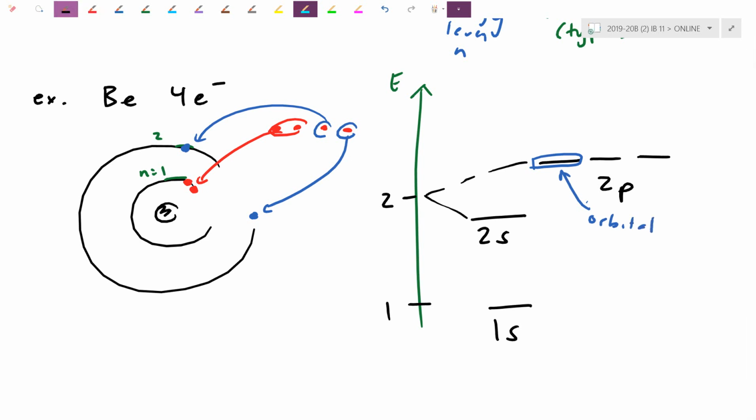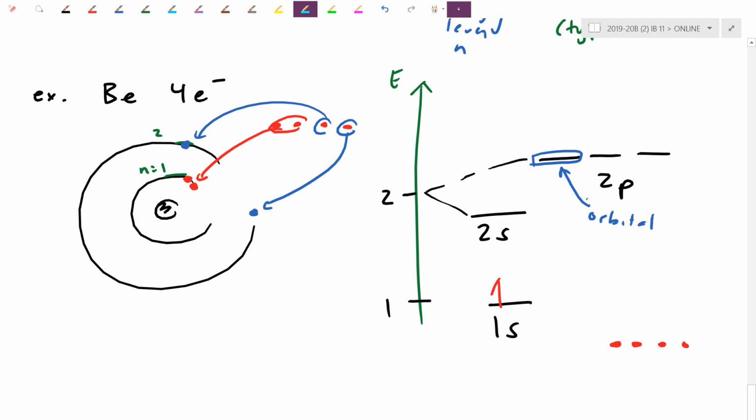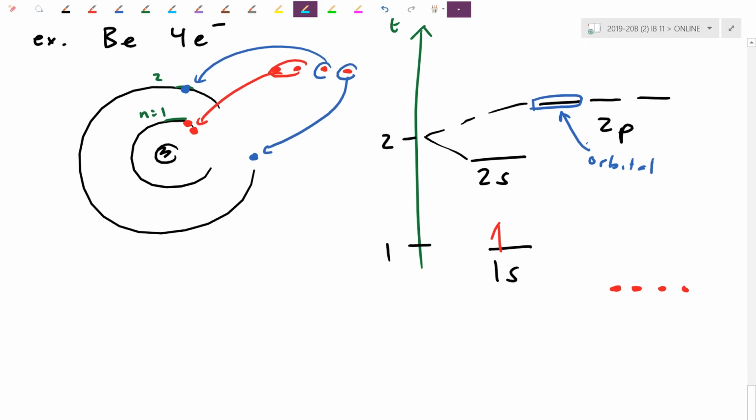So imagine 4 people arrive at your hotel, you're the manager, and you can put these electrons wherever you want. They all want to be ground state, so you're going to put them in. First guy goes in, again for convention's sake, we're just going to go upspin first. Could very well have been downspin, but if we just keep consistent up and then down, it saves a little bit of writing. So upspin goes in first, that's the first guy.